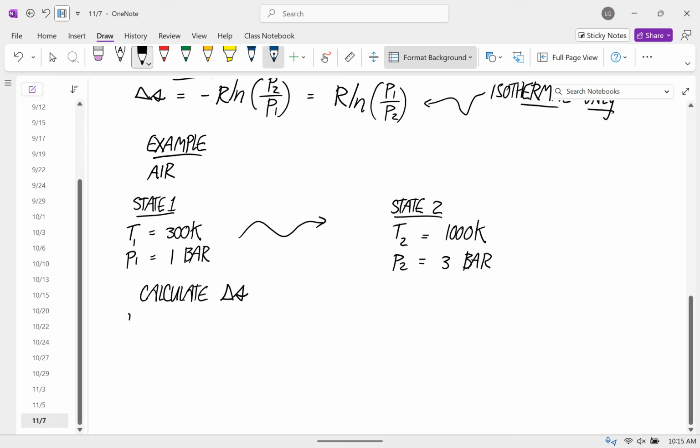So we're going to do it two different ways. First, we're going to assume that CP is a constant value of about 1.005 times 10 to the third.